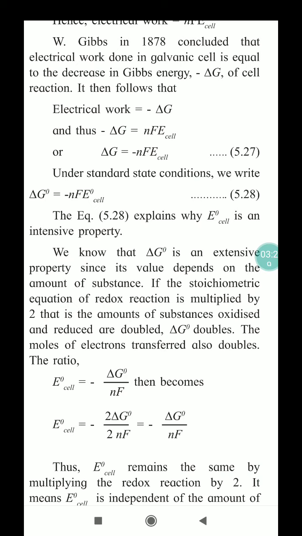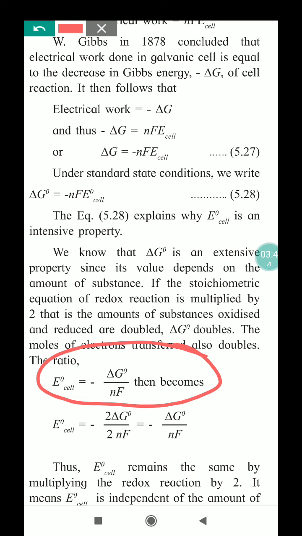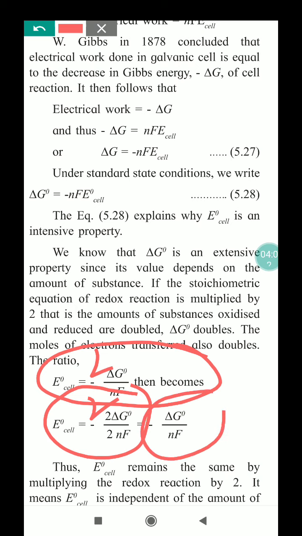So here the ratio of del G to nF is nothing but the EMF of the cell. So the EMF of the cell is minus del G upon nF. If it is multiplied by 2 on both numerator and denominator, we get the EMF of the cell equal to minus 2 del G upon 2nF, which is nothing but minus del G upon nF, as the 2 cancels.